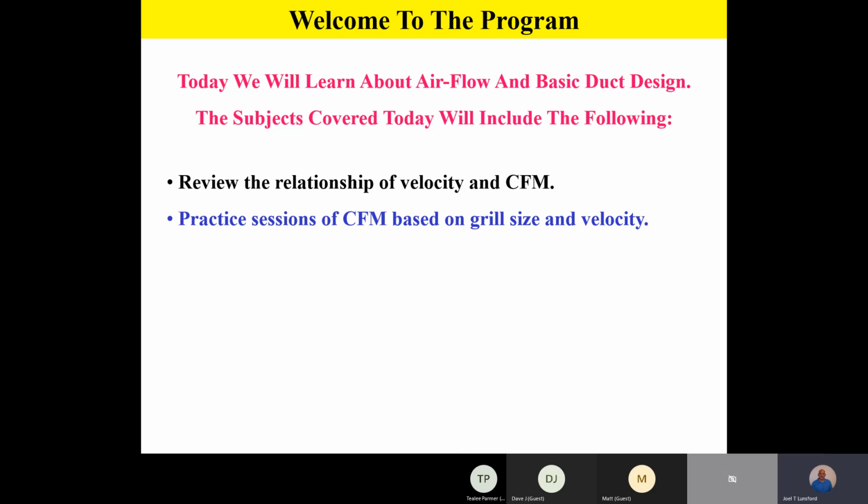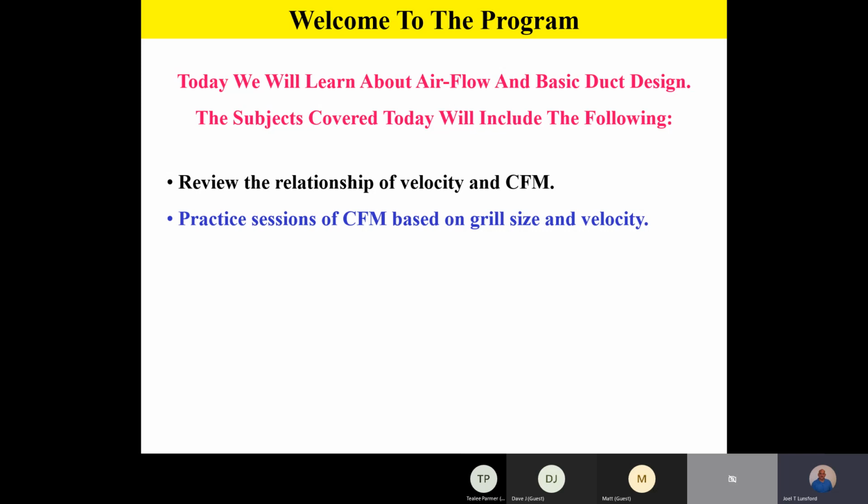CFM. Now, interestingly enough, what happens a lot of times when a technician or a duct mechanic lays out a duct system, they think about CFM, cubic feet per minute, but forget the key component of velocity, or how fast that air is moving across key components in the HVAC system. To give an example, there's a target velocity we're going to be looking at in the main trunk of the ductwork.